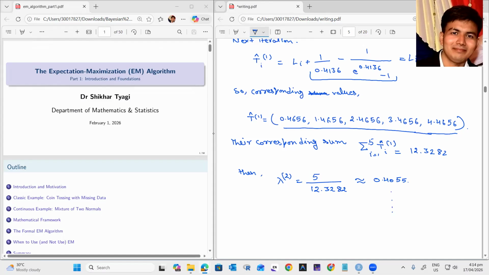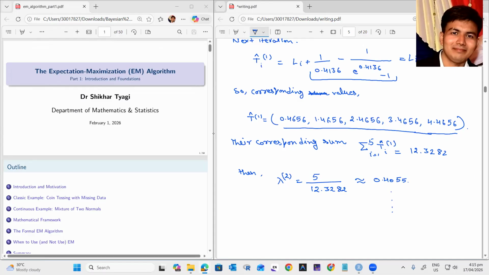We will go further to find out the estimates of the different lambda values until it converges. So the EM algorithm replaces unknown event times by their expected values under the current model.